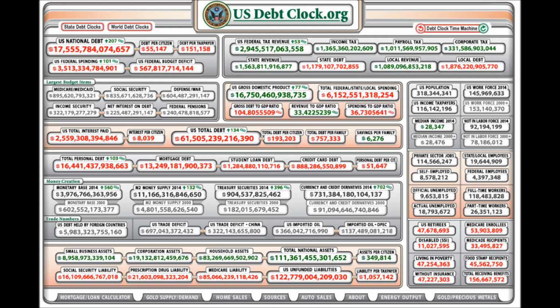The cost of the debt per citizen, essentially the amount that each citizen must pay in taxes, is over $757,000. That is every man, woman, child, and little bitty baby.